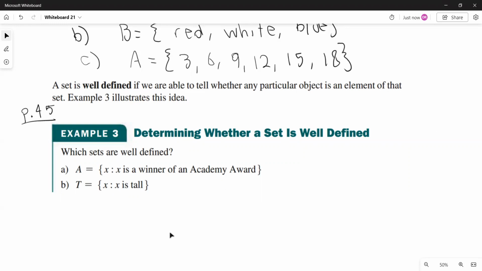Or another actor, like let's say Leonardo DiCaprio. He's an element of that set. So the set is well defined. So in A, the set in part A is well defined.